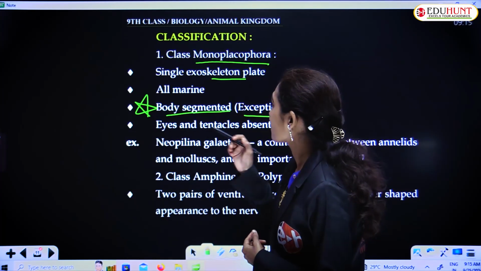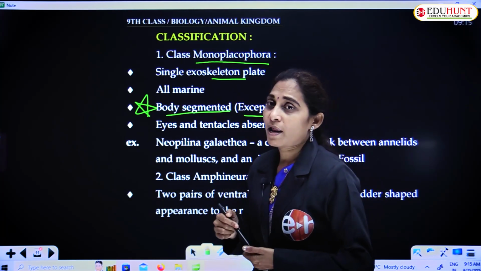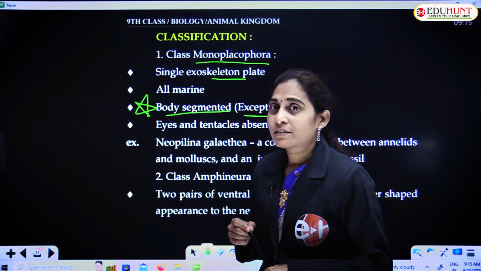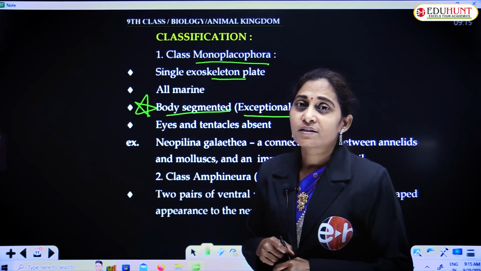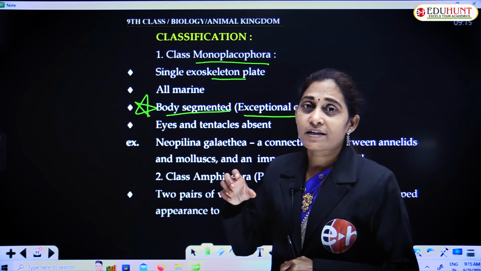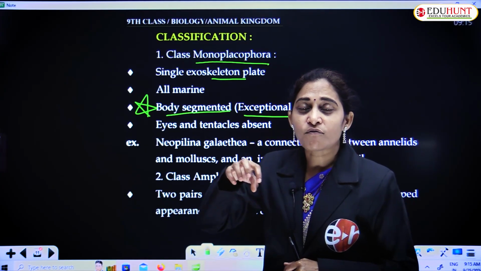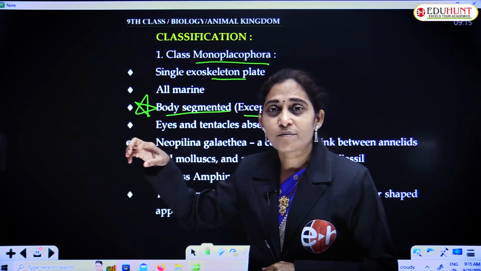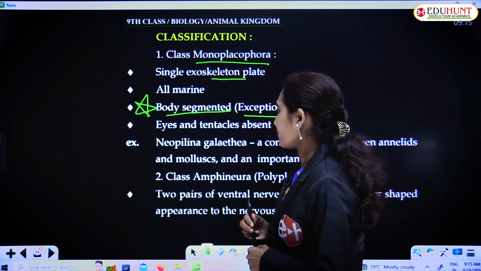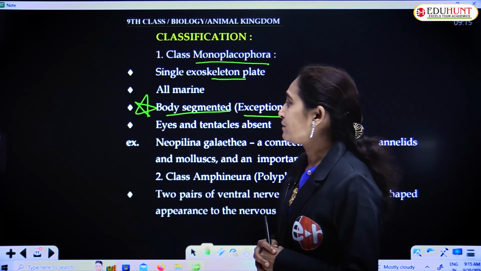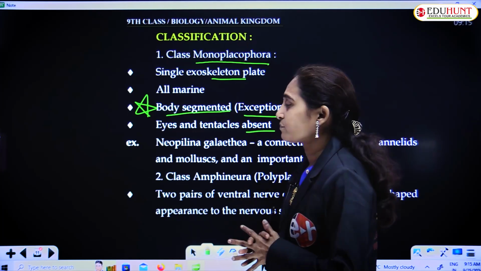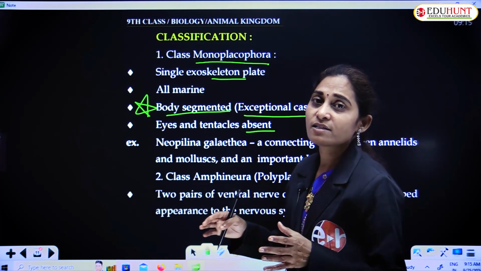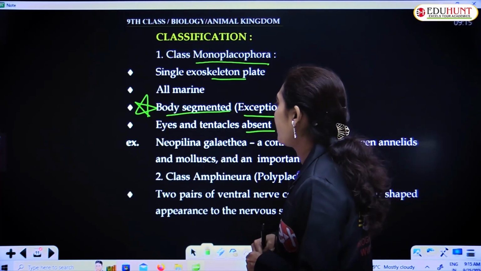Exception is class Monoplacophora, where segmented body is seen. They might give some examples, and they may ask which of the following mollusks has a segmented body. Okay. Eyes and tentacles are absent. Eyes are not present, and even tentacles are also not present.